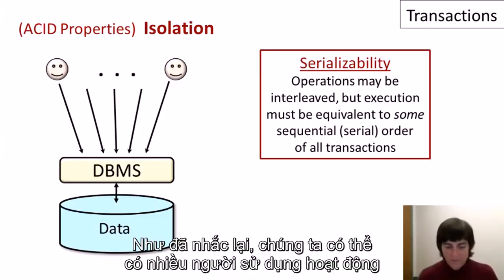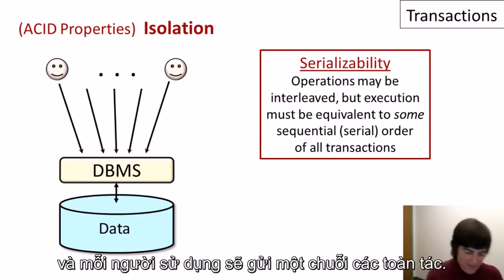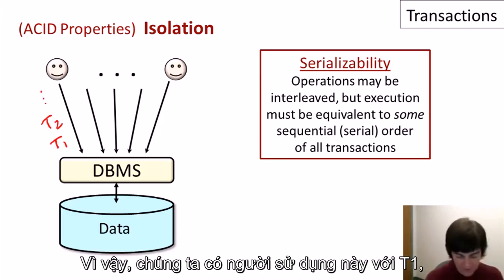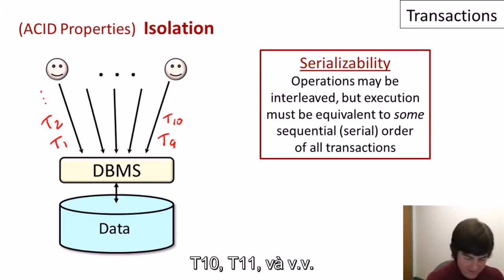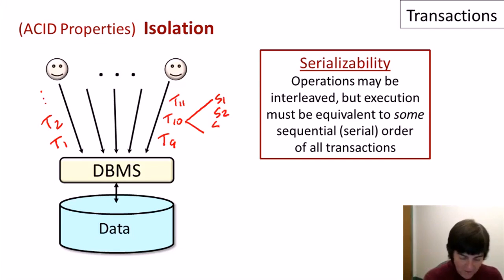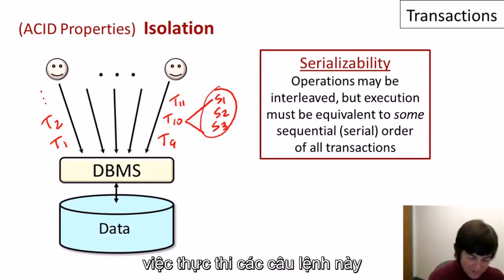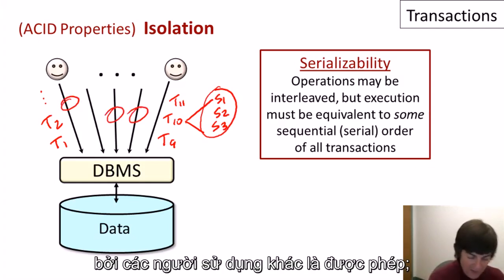As a reminder, we can have multiple clients operating on the same database, and each client will submit a sequence of transactions. So we have this client with T1, T2, here we have T9, T10, T11, and so forth. And each transaction itself is a sequence of statements. Serializability says that it's okay for the system to interleave the execution of these statements with the statements that are being performed by other clients.